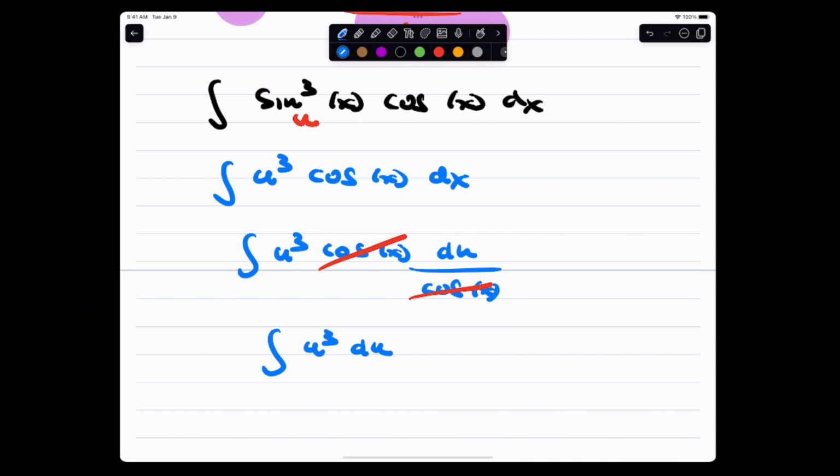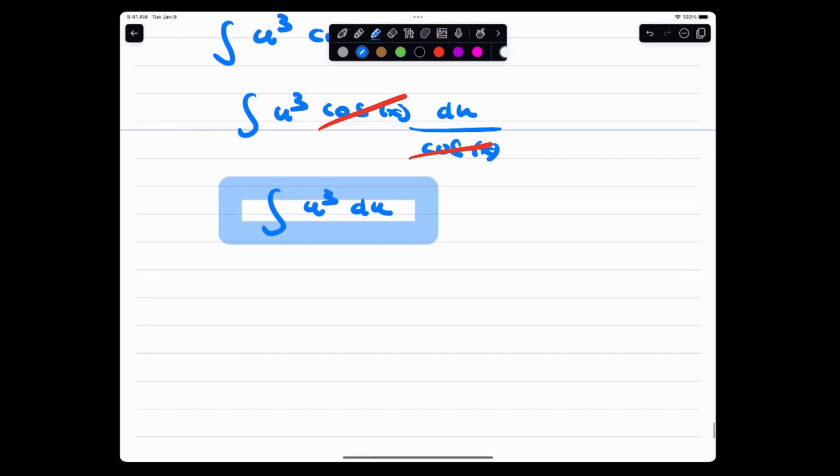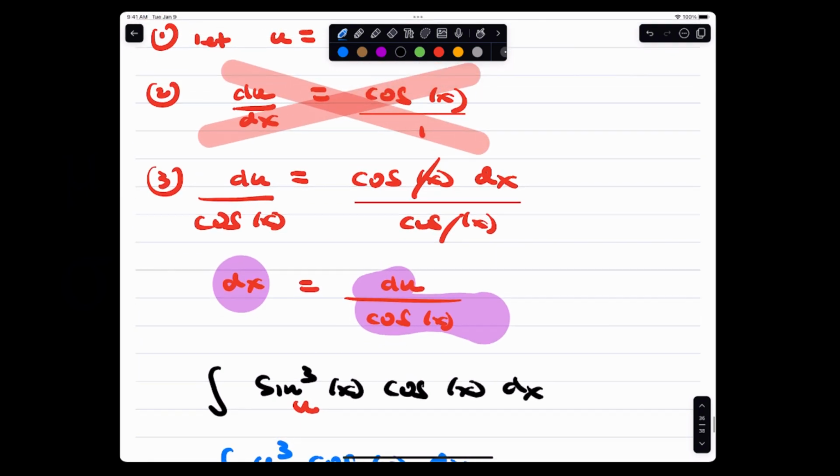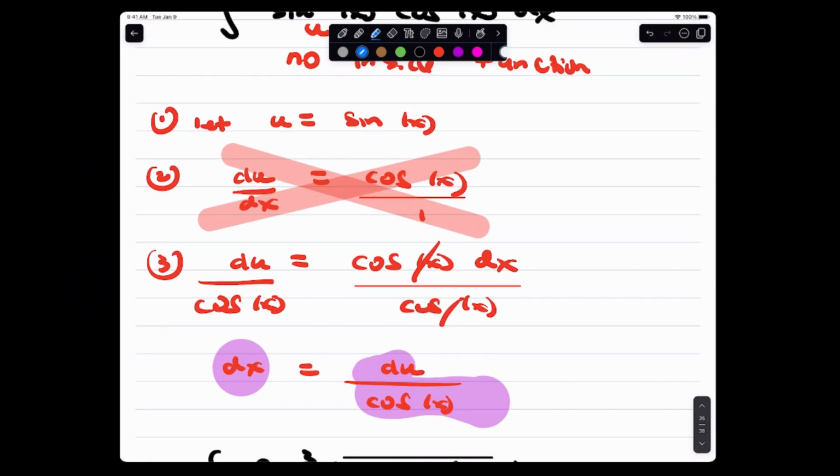And this one is easy peasy. You say, what do you mean it's easy peasy? Right? How do you do this one? Isn't this what? 1/4 u to the 4th plus c? Just by power rule? And so now, ladies and gentlemen, you got to go back and remember that your sine was u, okay?